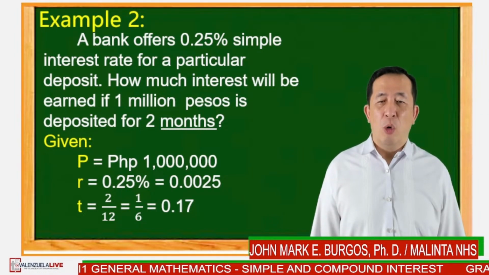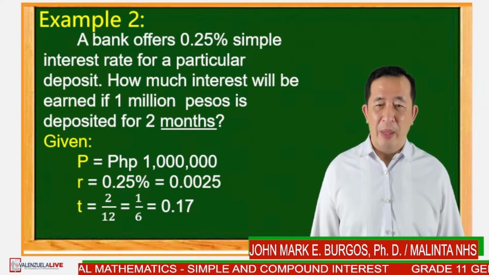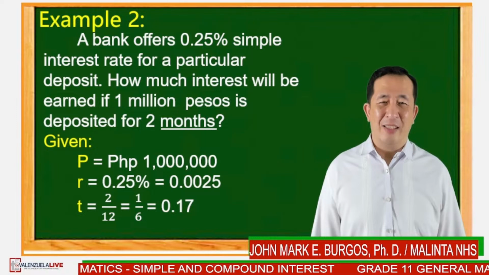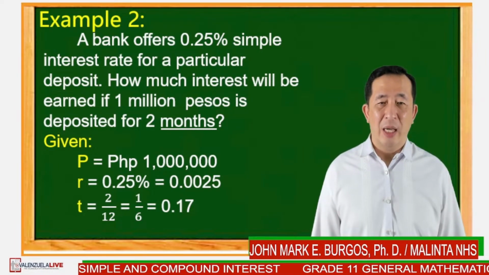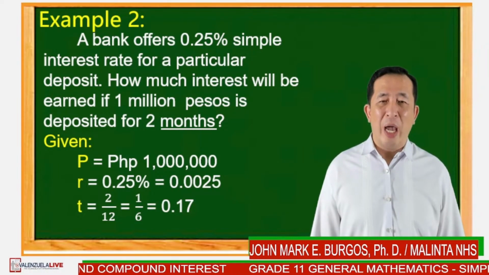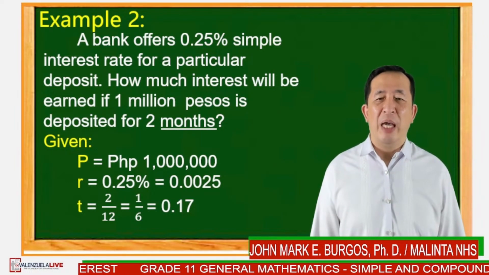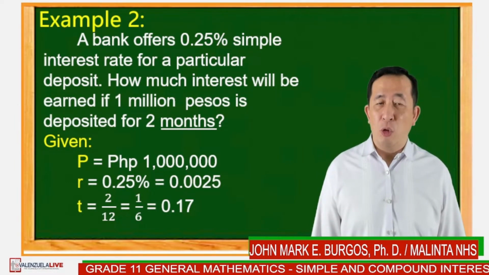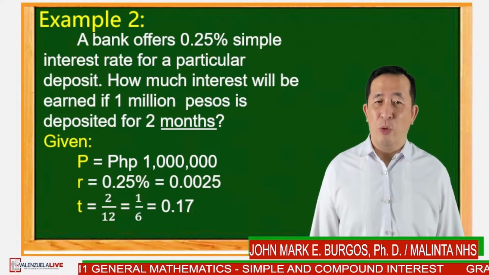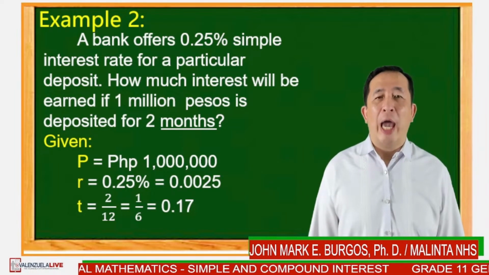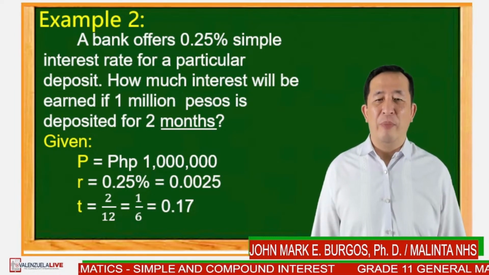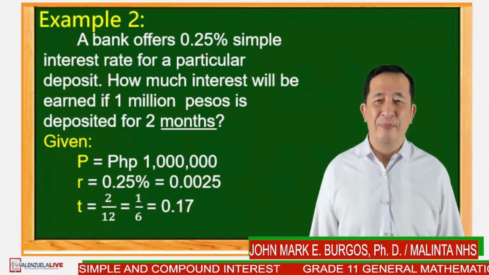Notice that we divided 2 over 12 because what is asked in the problem is 2 months. If that is 2 months, we have to divide that by the number of months per year. So that will be 2 over 12, and to simplify that, it will be 1 over 6, and as a decimal, it will be 0.17.